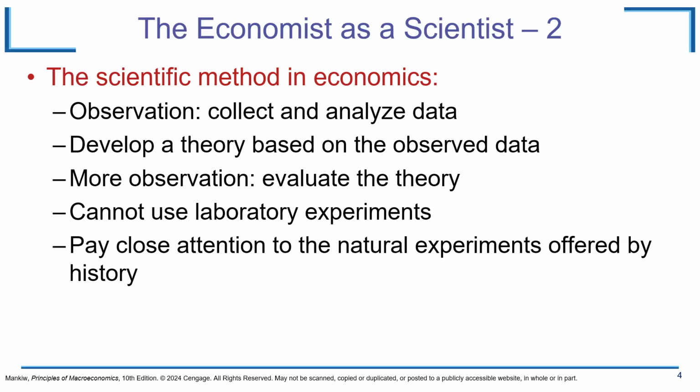So if we want to get more understanding about the current recession, it is very hard for us to come up with a lab with all the people in it and do the experiment of a recession. Instead, we look into all the recessions in history.